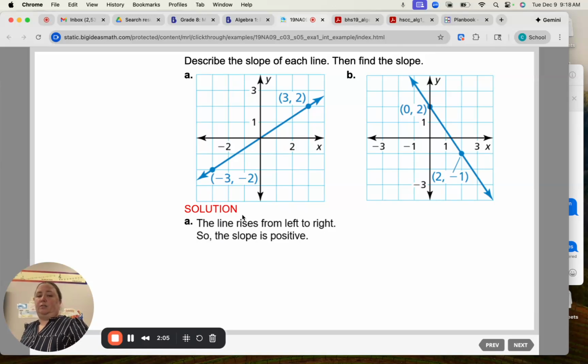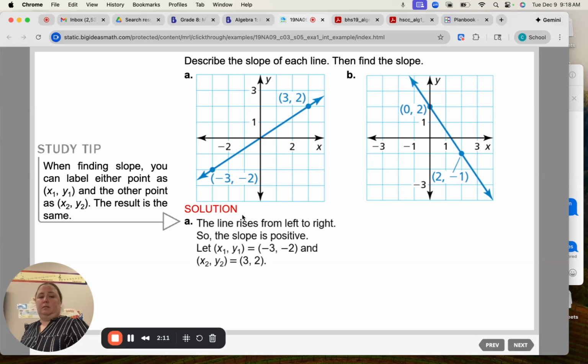We're going to use these points to solve for the slope. So write your equation, y2 minus y1 over x2 minus x1, and then we're going to plug in these points. We're going to let negative 3, negative 2 be our 1s and 3, 2 be our 2s.